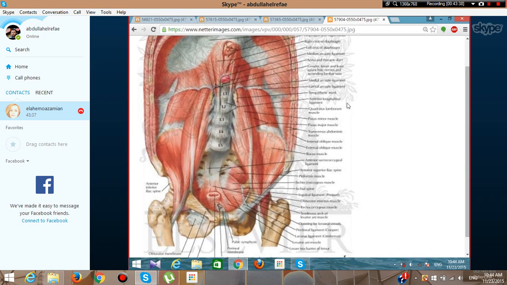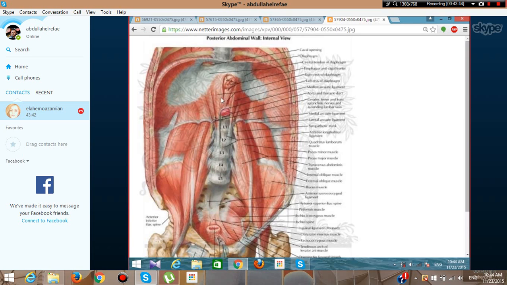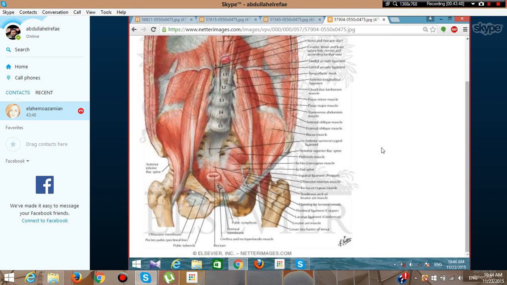No. Let's check, generally, which structures do you see in posterior abdominal wall and anterior abdominal wall? What is the blood supply, innervation, venous drainage of posterior and anterior abdominal wall? In the posterior abdominal wall, we talked about these muscles. Laterally, we have transverse abdominis.